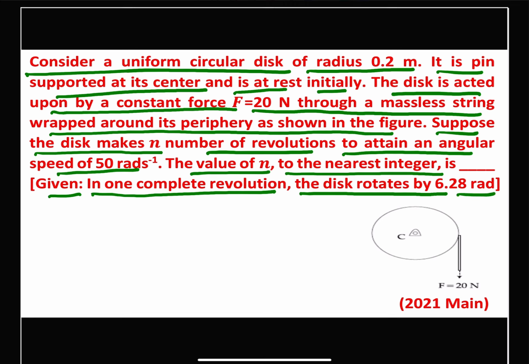Okay, basic figure is given to us. So we have a disk which is pinned at center C, and you can say force of 20 Newton is applied to a massless string, and this massless string is wrapped around the disk. So obviously it is going to rotate the disk.